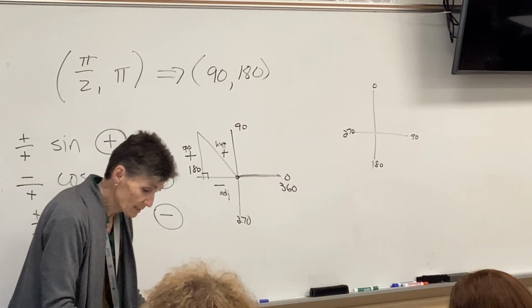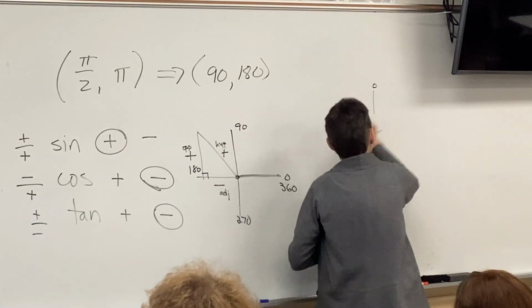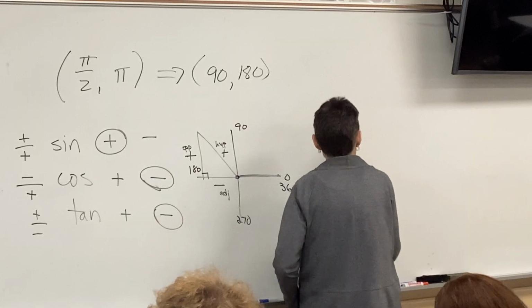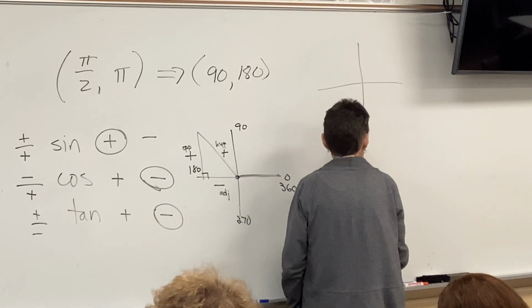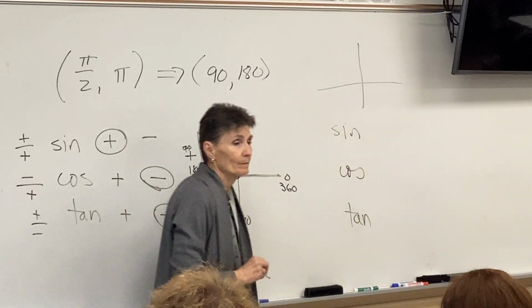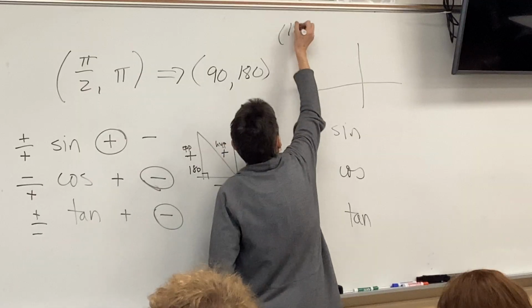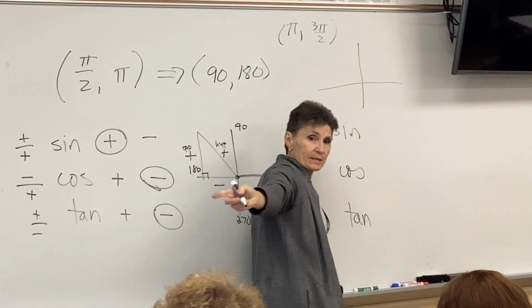All right, we're gonna do one more. Let's do pi to 3 pi over 2. Which quadrant am I in if I am between pi and 3 pi over 2? Exactly.